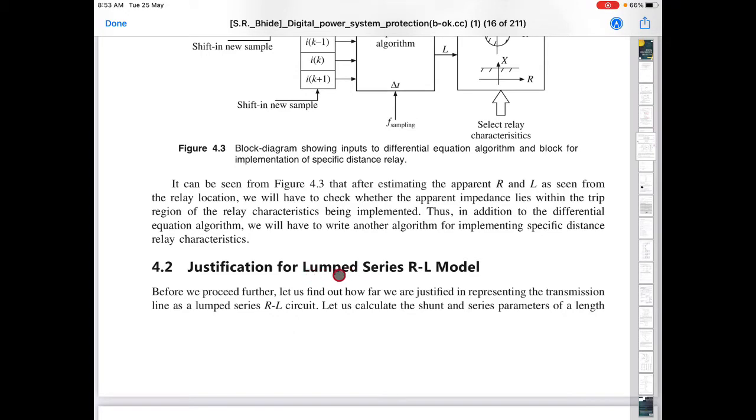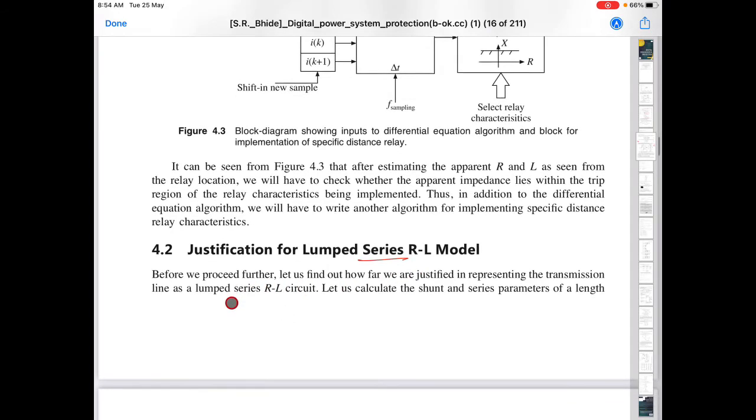So, justification of the lumped series RL model. What we have taken is a lumped model, meaning resistance and inductance are not distributed. We have taken them at a particular place in the circuit, and it is only a series model, that is, there is no shunt capacitance element in it.